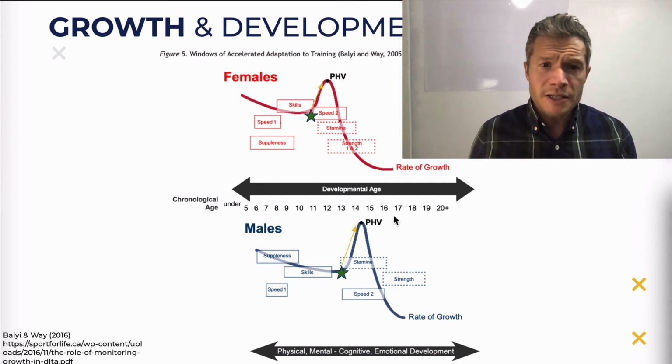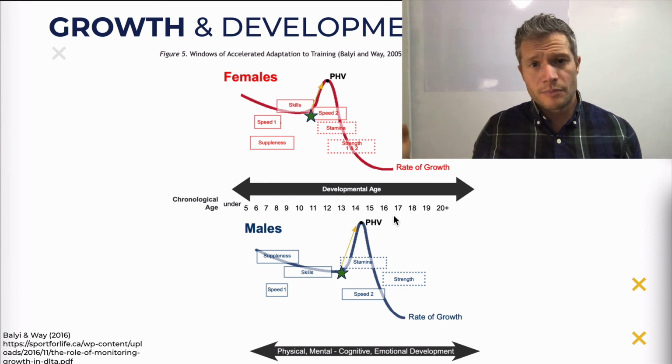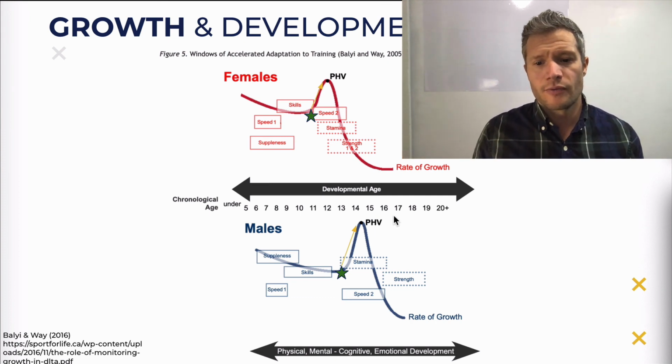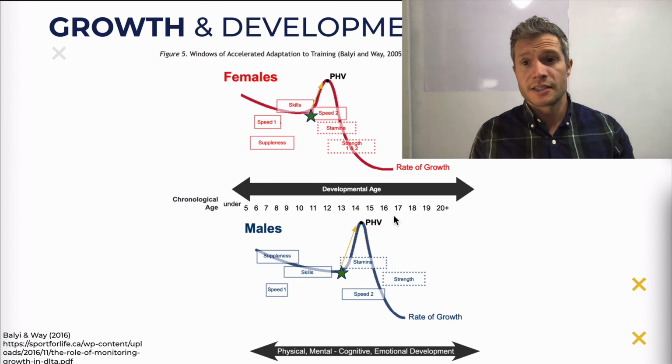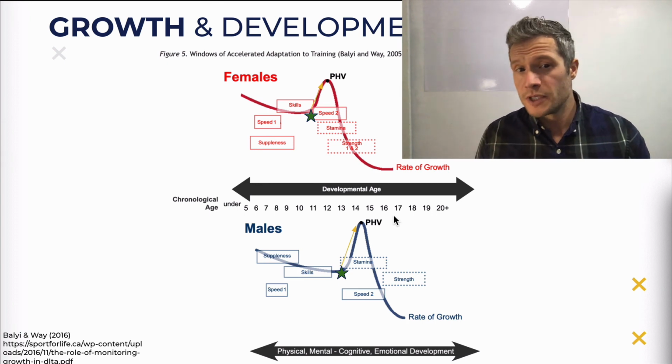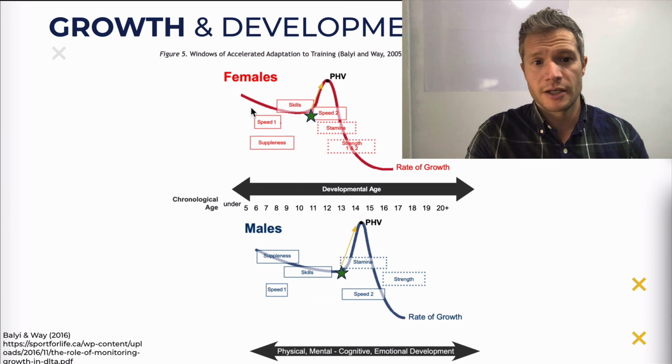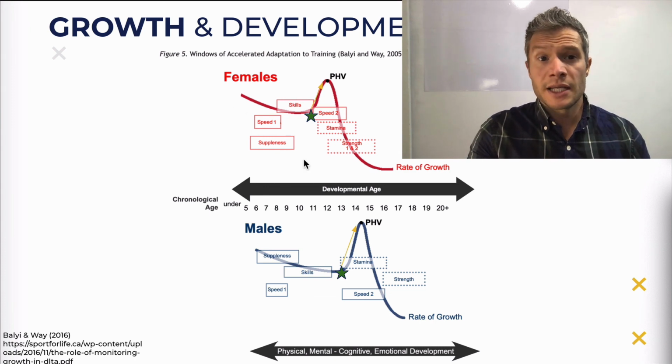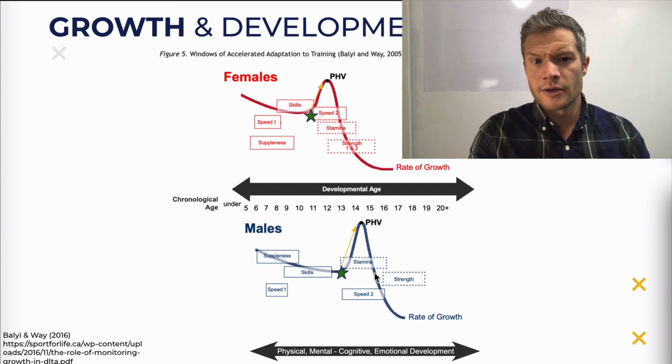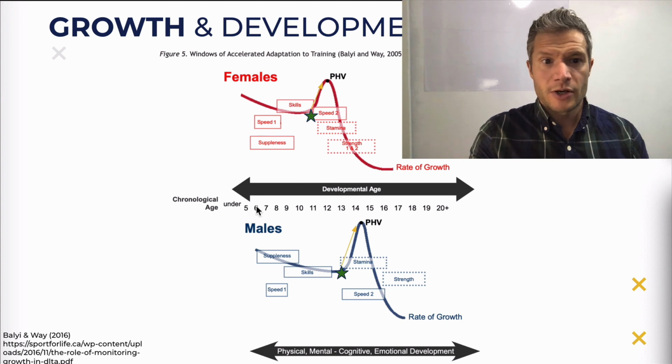So depending on where people are in the development of their growth spurts and adolescence, you want to have different points of focus. Let's take a look here, and I'll explain a little bit how the graph works. Let's look at women, and the men will be pretty self-explanatory from there. As you're coming along in chronological age, we can look at this as peak height velocity is slowing down.